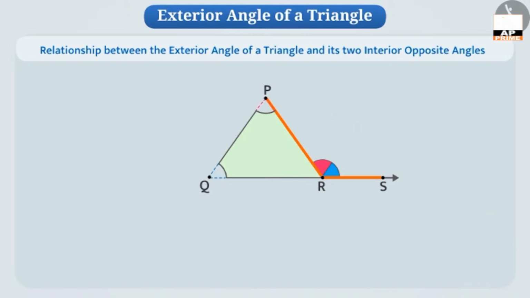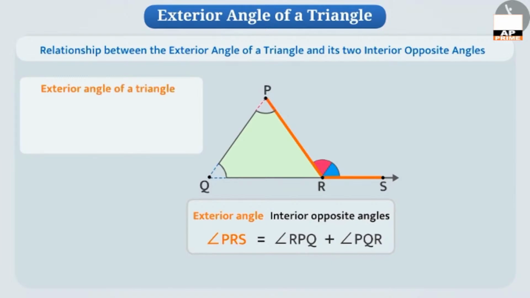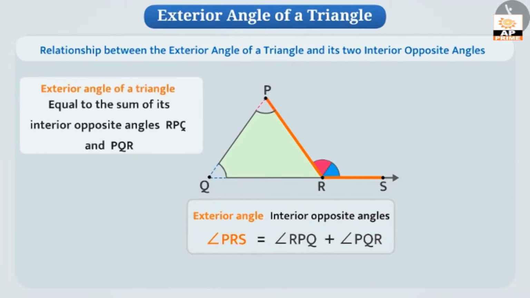This shows us that the measure of the exterior angle, angle PRS of triangle PQR is equal to the sum of its interior opposite angles, angle RPQ and angle PQR, which means angle RPQ plus angle PQR is equal to angle PRS. So, now we can say that the exterior angle of any triangle is equal to the sum of its interior opposite angles.